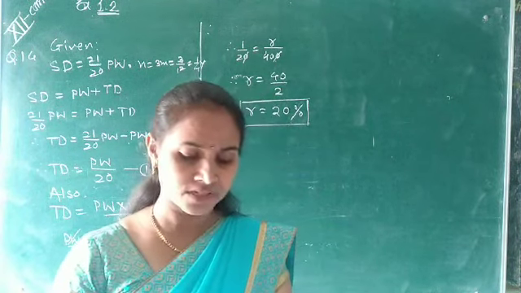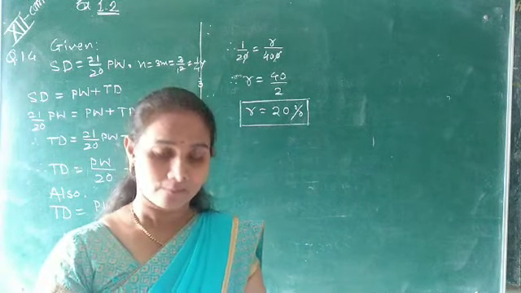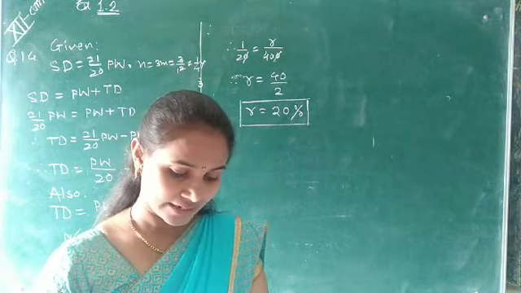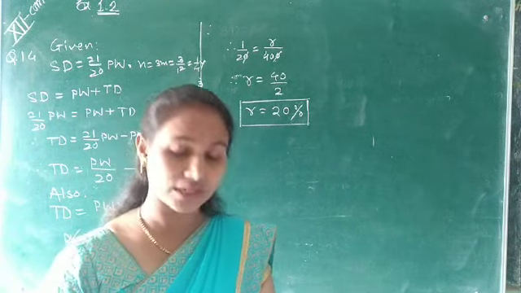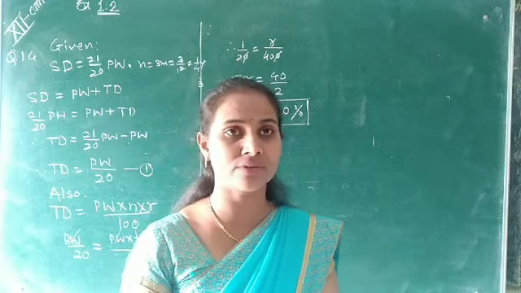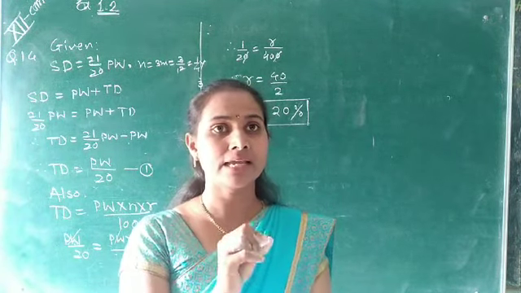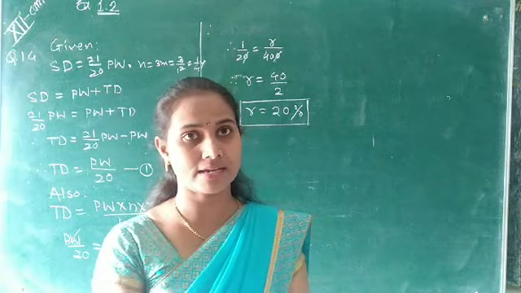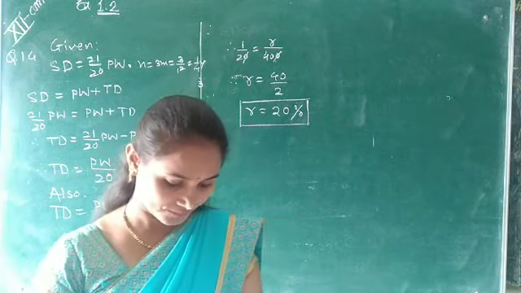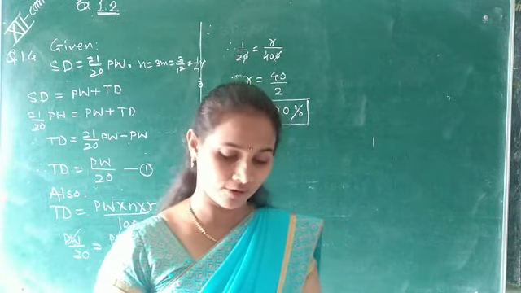So again, first from the given dates, we find the number of days, and then we get the legal due date, total period in years. Then if we get the value of period in years, then we are going to find the value of BD. How to find BD? That is BD is equal to FV minus CV, and using the formula of BD, find the face value of our bill.